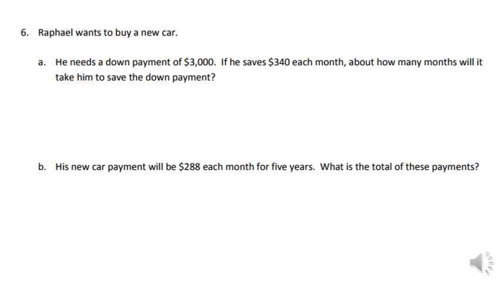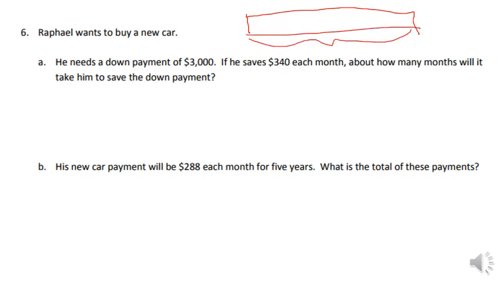Okay. So, I'm going to draw a tape diagram up here so I can see what I'm talking about. And I know the total here is 3,000. And it says each month he does $340.